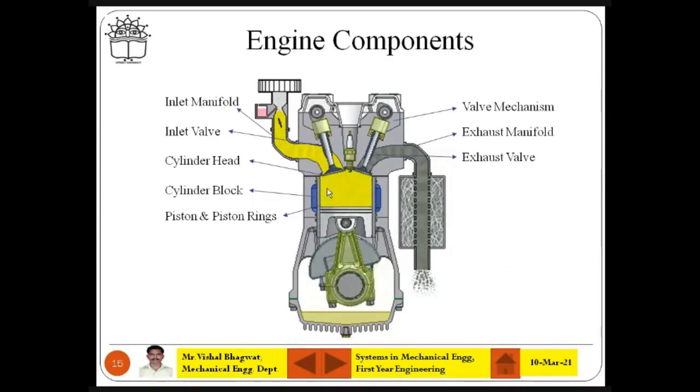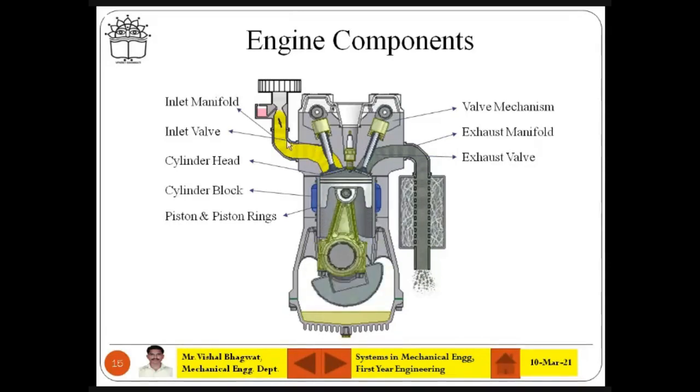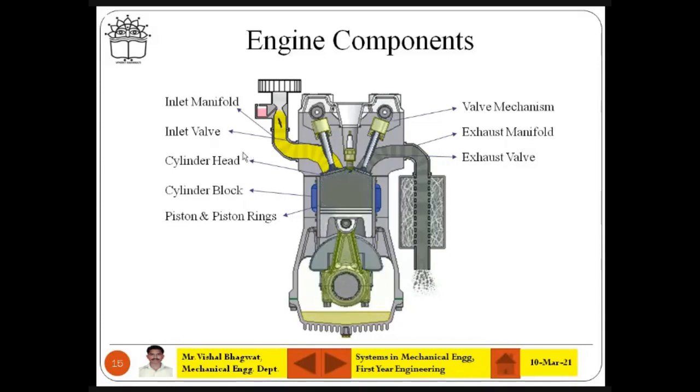So altogether it is a very problematic thing. And then there is wear on either the piston or the cylinder, whichever is weaker, whichever is poorer material. On that side wear will be there. Wear, you understand, wear.